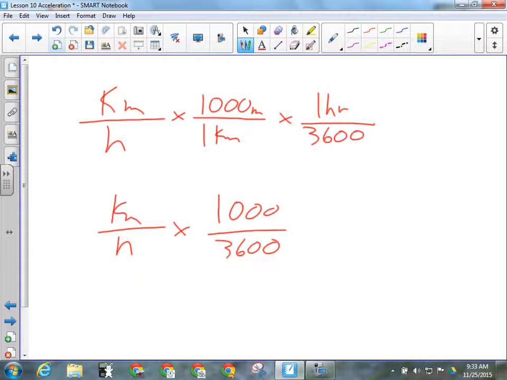Here's the easier way to remember this. If I'm multiplying by 1,000 and then dividing by 3,600, is that the same as just dividing by 3.6? If I multiply by 1,000 and then I divide by 3,600, what did I bother doing that for?